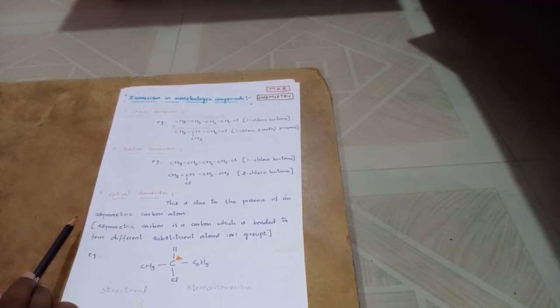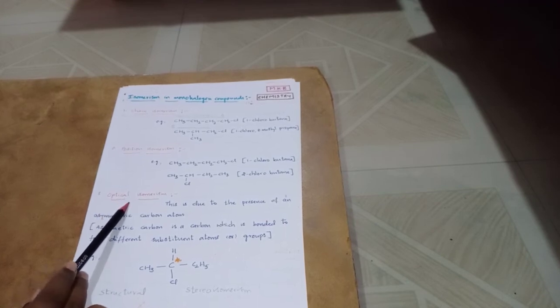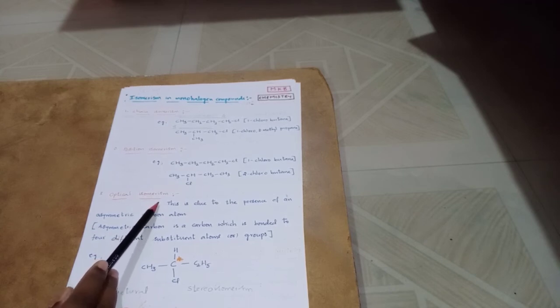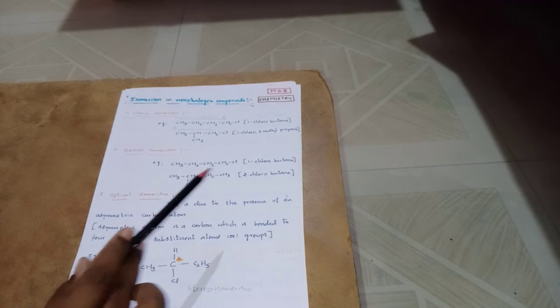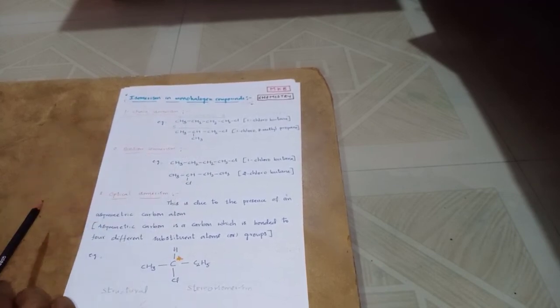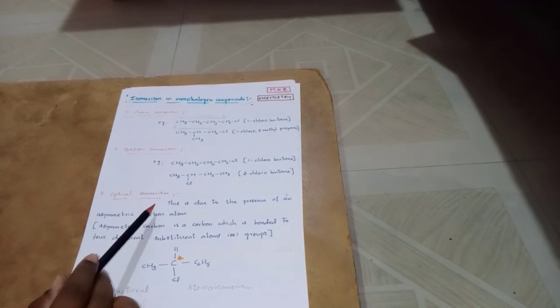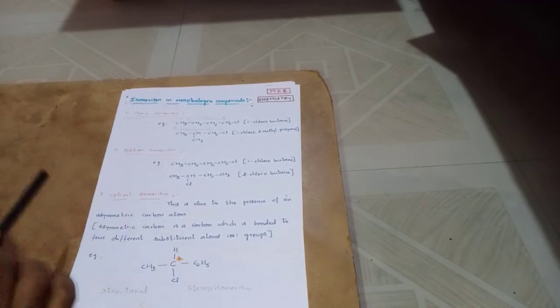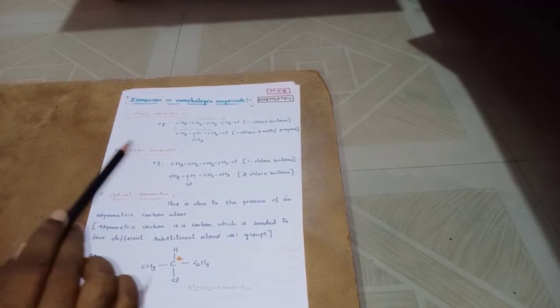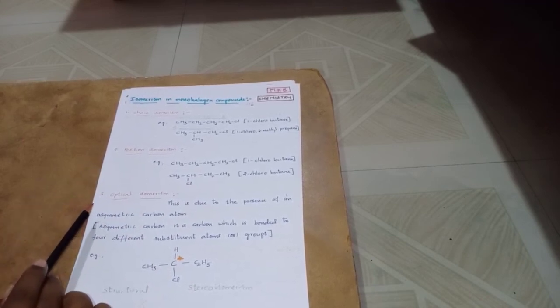Optical isomerism arises due to a change in the rotation of plane polarized light. If any substance rotates plane polarized light towards any direction, then it is said to be optically active.